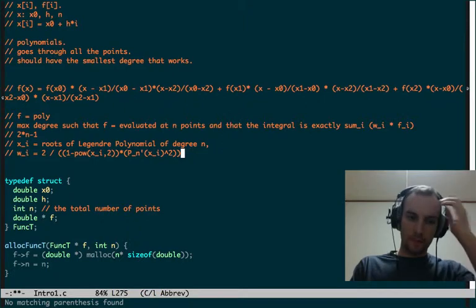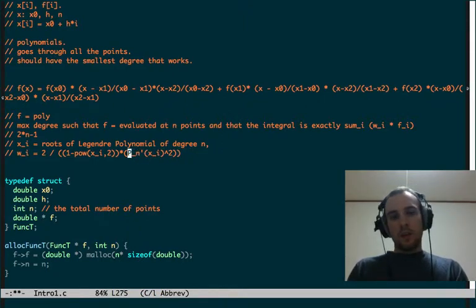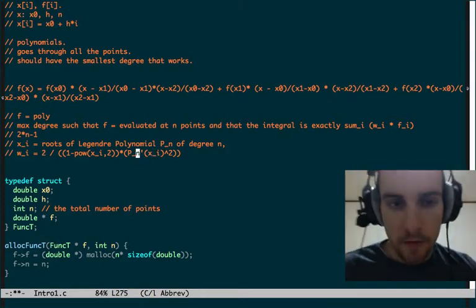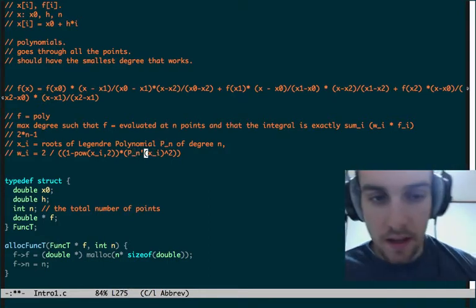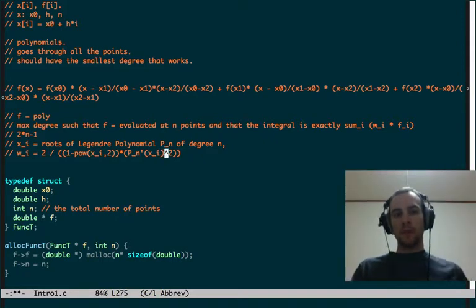So if capital P is the Legendre polynomial, and you take the derivative and you evaluate it at the roots of the Legendre polynomial, you take the square, you multiply it by 1 minus that root squared, and then you divide 2 by all of that.